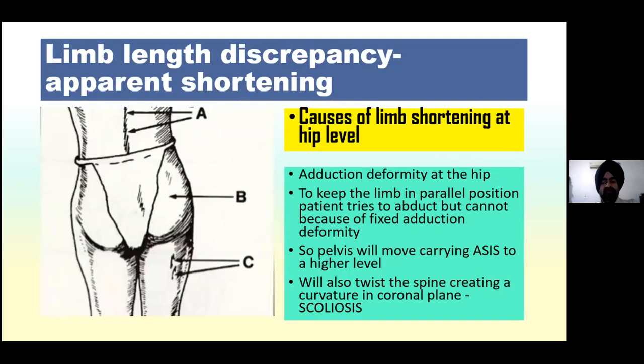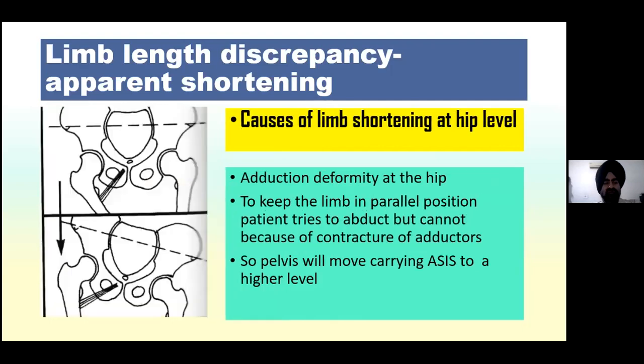We will also twist the spine, creating a curvature in the coronal plane, the scoliosis. So pelvis will move higher on the side of the adduction deformity, or if the deformity is an abduction deformity, the pelvis will be lower. This is how the adduction deformity contributes to the tilting of the pelvis and deformity at the spine.